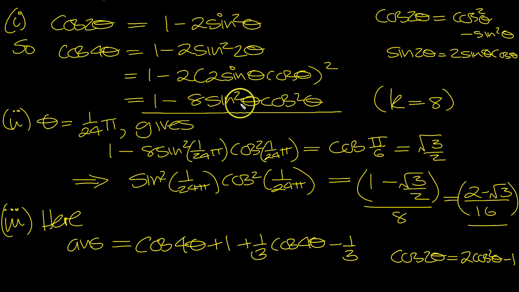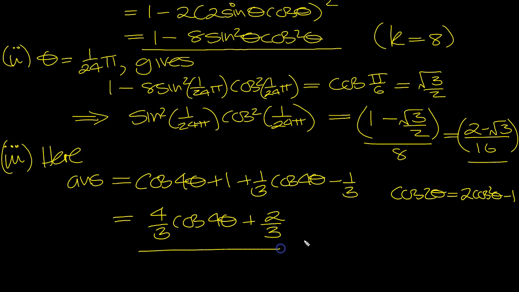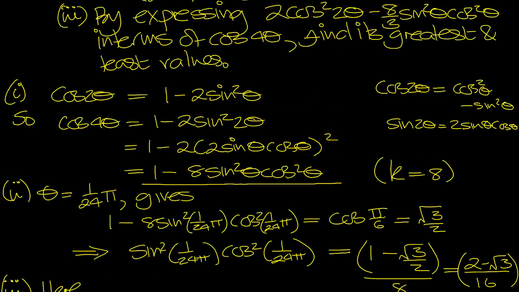And that gives us our minus 8/3 of that. So we can put it here. So that's what we've got then. So that's equal to cos 4 theta 4/3 cosine 4 theta. And 1 minus a third is 2/3. So that's what we've got for that.